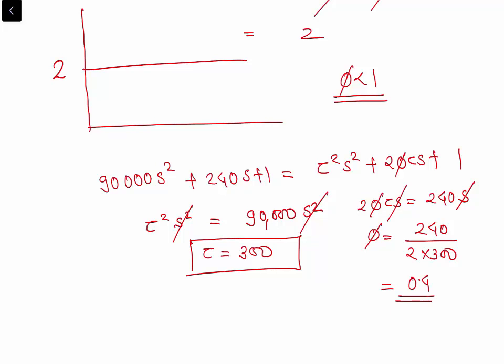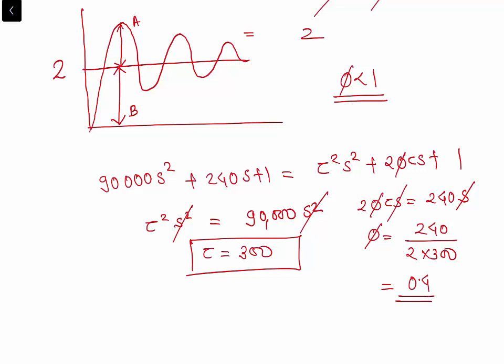If our system is underdamped, then the graph will go like this. It will overshoot. The value up to this point will be b, and this point will be a. So we have to calculate the overshoot.